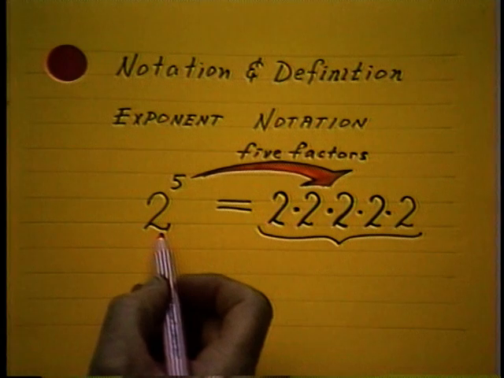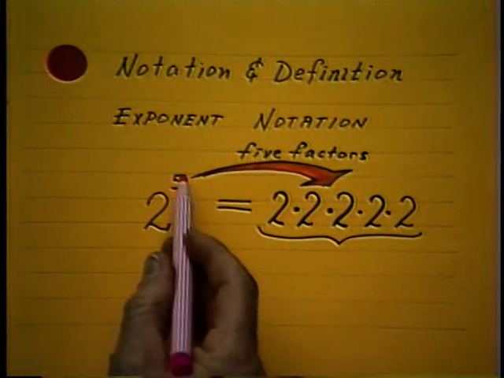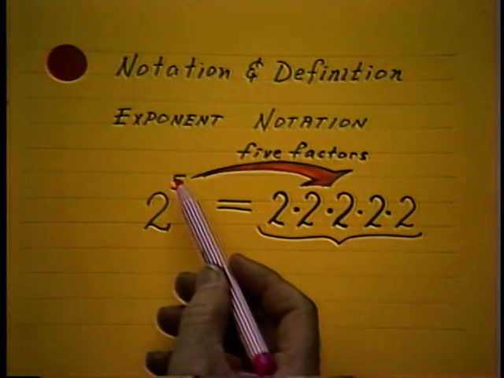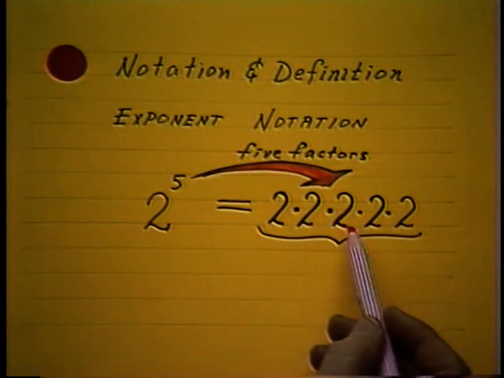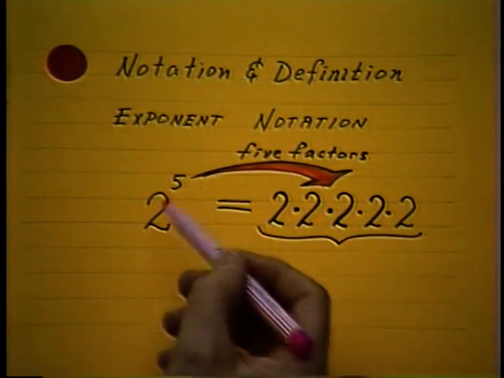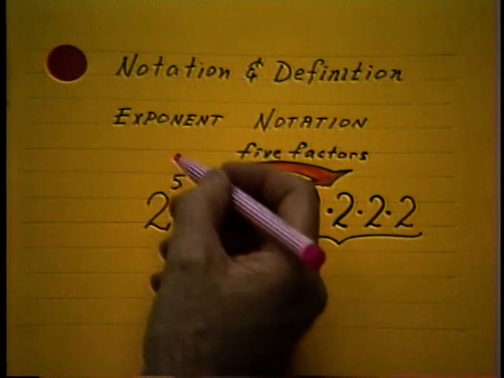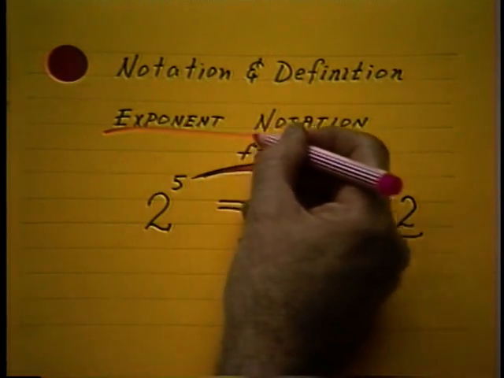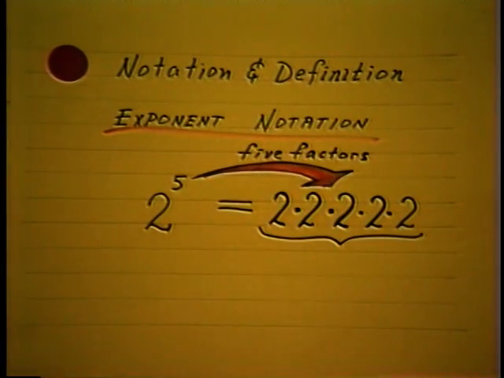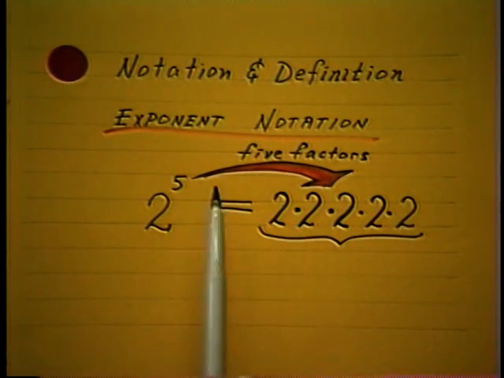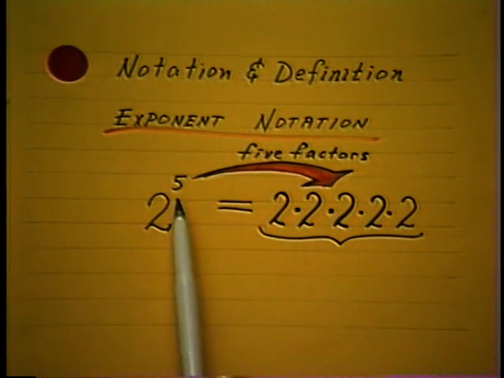So this 2 with a little 5 written to the right and up high means take 5 2's and multiply them together. That kind of notation we will call exponent notation. So in a sense, relative to our desired problem, 5 isn't really a number, it's a counter.